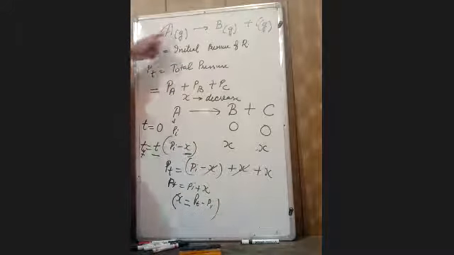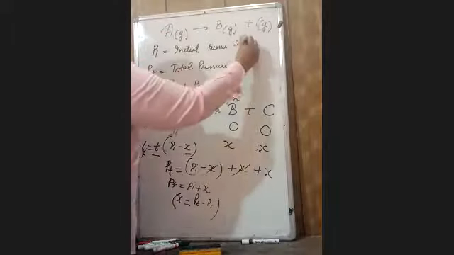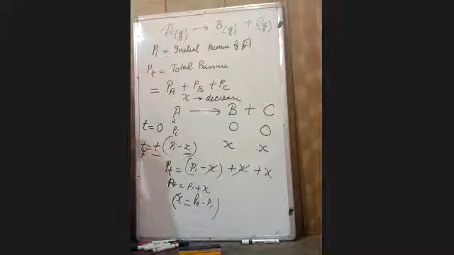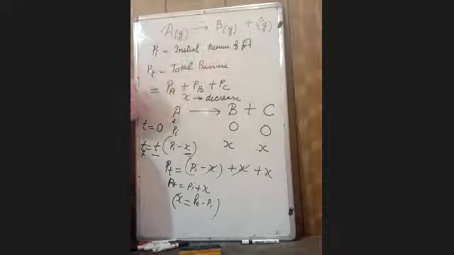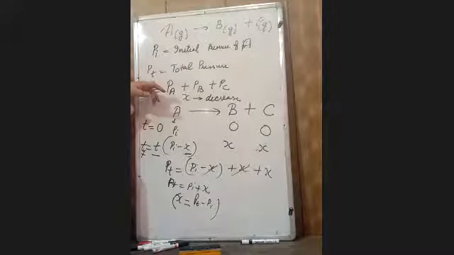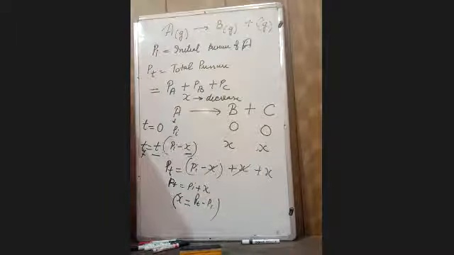See one thing again. This is the balanced equation. Suppose Pi is the initial pressure of A. It decomposes to form B and C as products. Pt is the total pressure, which is equal to the sum of partial pressures of all the species present in the vessel.